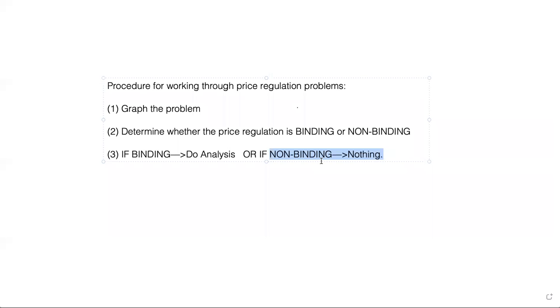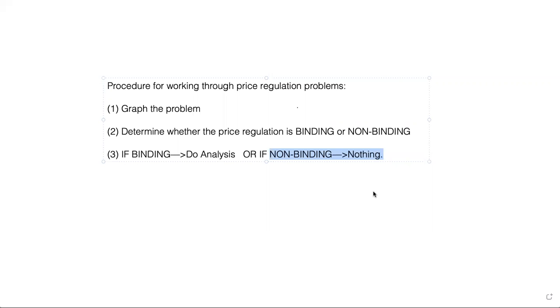If you have a price floor that's below the current equilibrium price, then the equilibrium price is already in the legal range above the minimum legal price, so it has no effect on the market. That's what I mean by nothing: it's just a regular market. You can throw the price regulation out, and it doesn't affect the analysis.